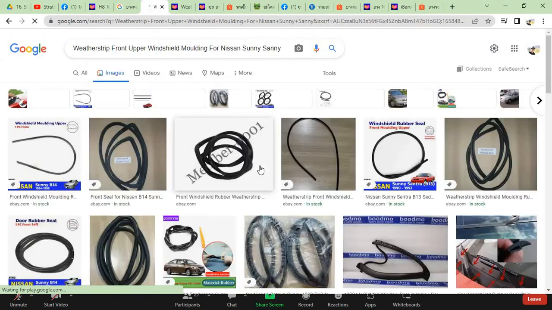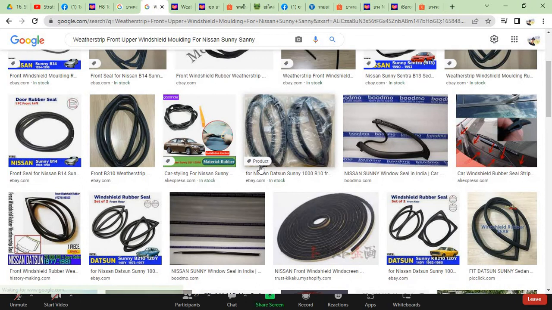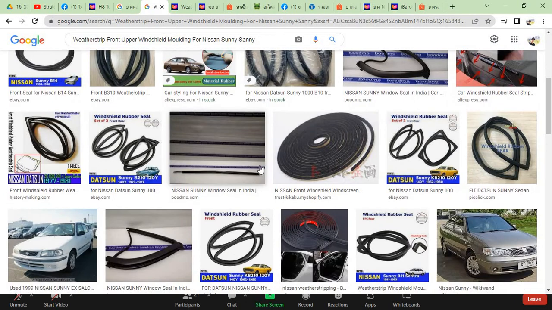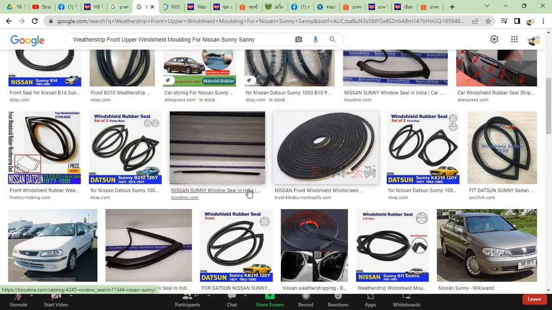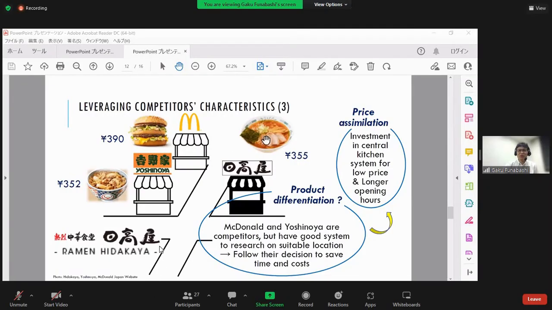And I introduced some cases like this, and also this case, co-opetition. McDonald's and Yoshinoya, they don't strike back at Hidakaya, because even though they compete with each other, having Hidakaya in the same area, they can attract more people, because for the people, there are more options for lunch or dinner.